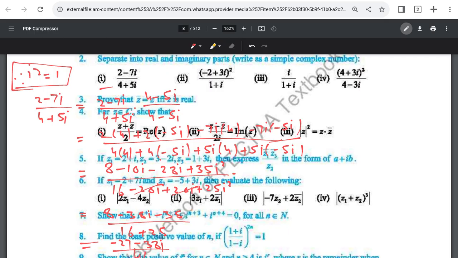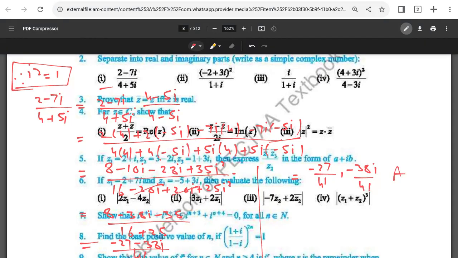So now we move on to the next step. So here we separated minus 27 over 41 and minus 38 iota over 41.